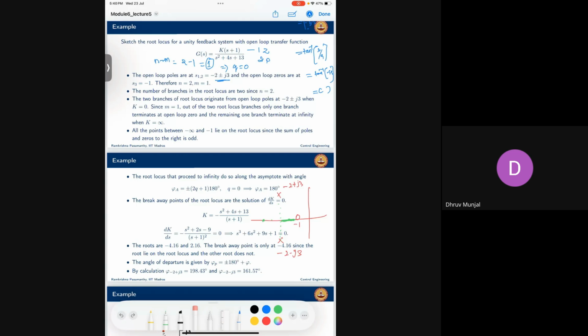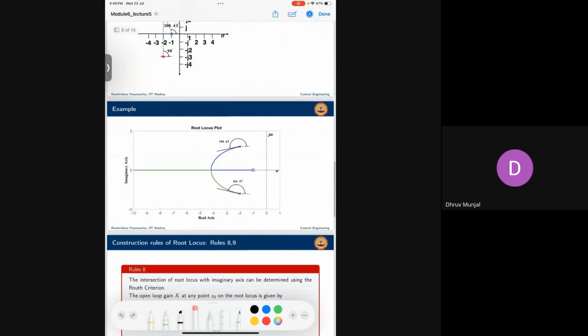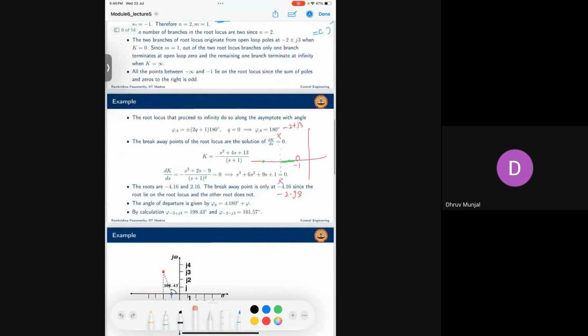How is it? When I take a test point here, it will be odd. Okay, right. It's a conjugate pair. We are calculating together only. I'm sorry for this confusion. Let me draw it properly.